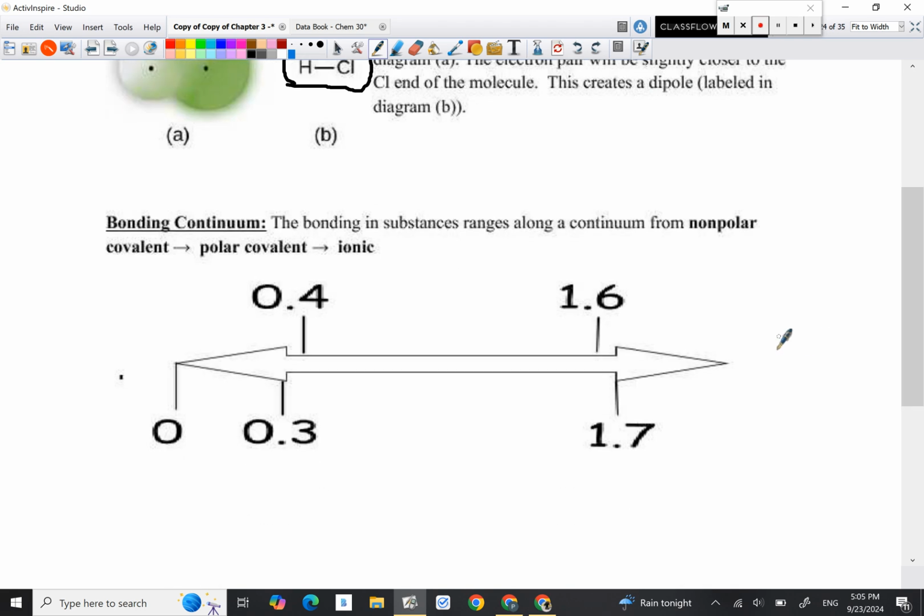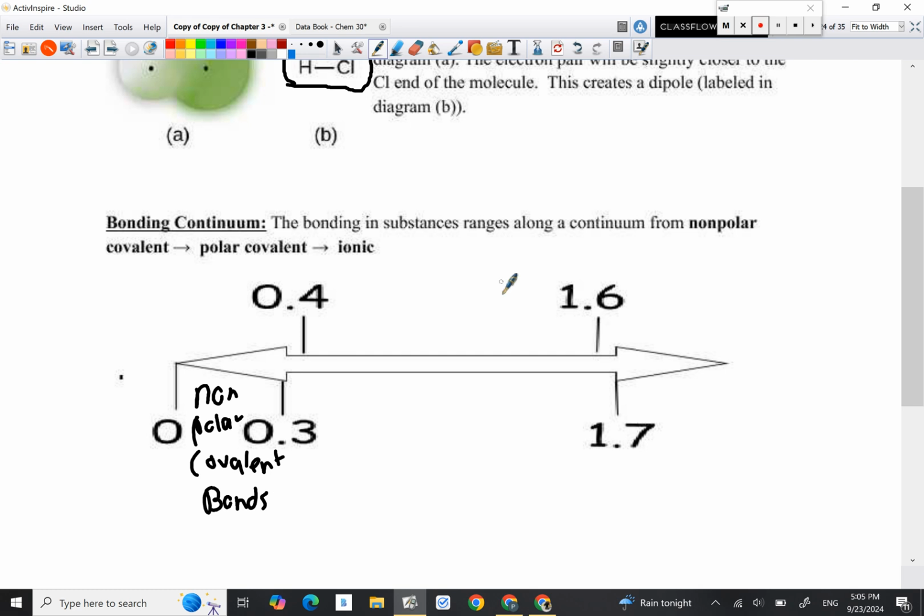Now, as I mentioned a little bit earlier, with the bonding we kind of want to have hard numbers, but not really, because technically this is a bonding continuum. There's a lot of gray area around these numbers, but generally, just for the sake of keeping everything consistent, between 0 and 0.3 is going to be our non-polar covalent bonds.